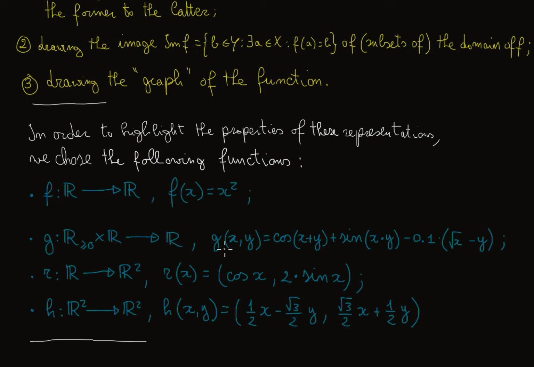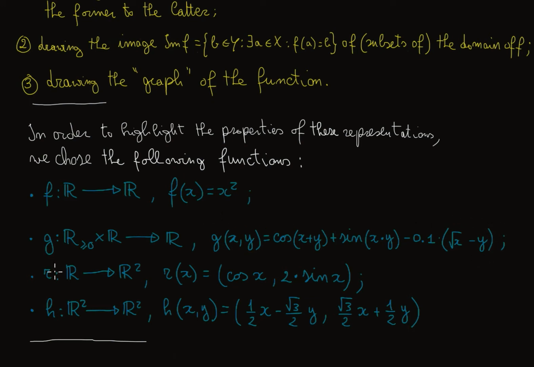Its definition is the following: g of x, y is equal to the cosine of x plus y plus the sine of x times y minus 0.1 that multiplies the square root of x minus y. Now it is a quite involved definition, but this is just to give a particularly nice looking shape to its graph.